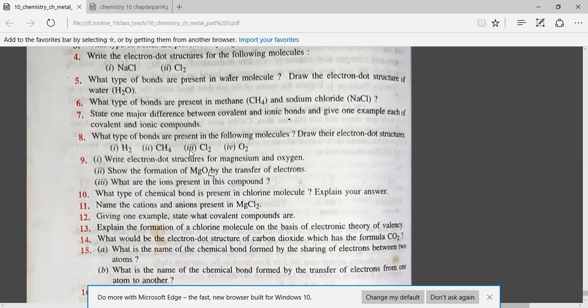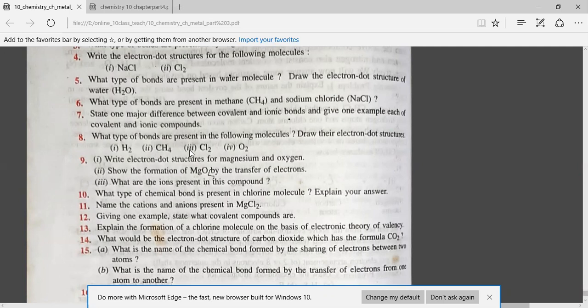Cl2 is the chlorine molecule. The chlorine, a non-metal, is combining with itself, so it will form a covalent bond because sharing is possible. No one can take the electron away. They can share only.